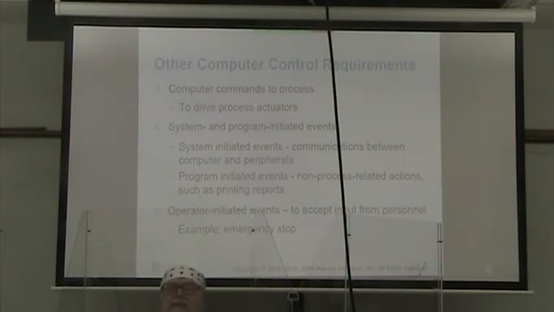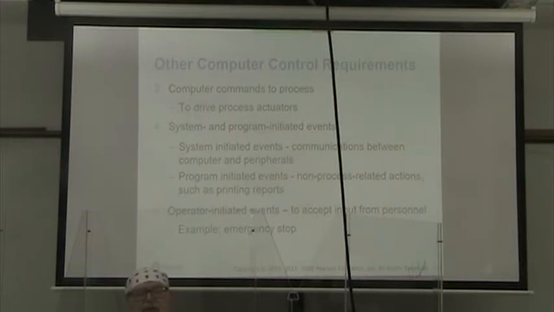Other requirements that are needed for computer control: commands to process the process actuators. System and program initiated events. A system initiated event is a communication between the computer and the peripherals involved.